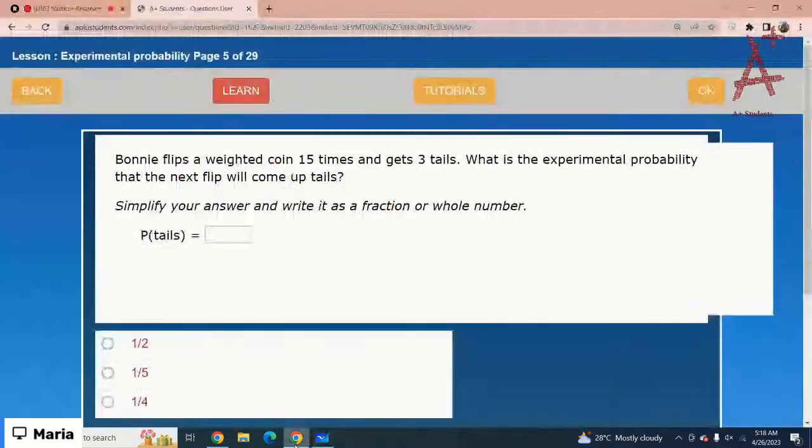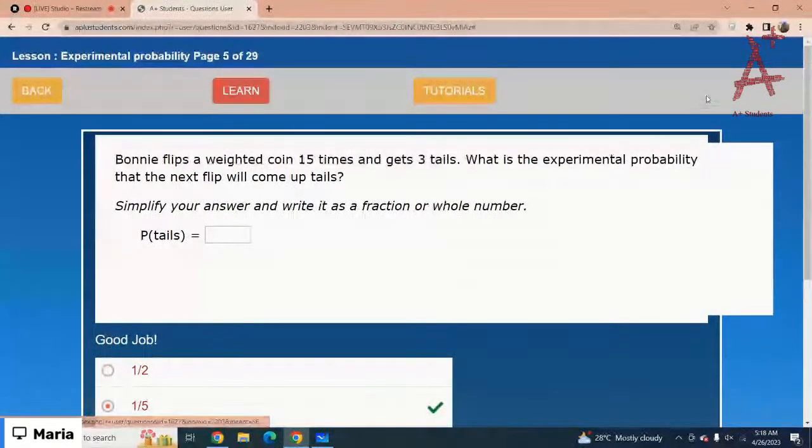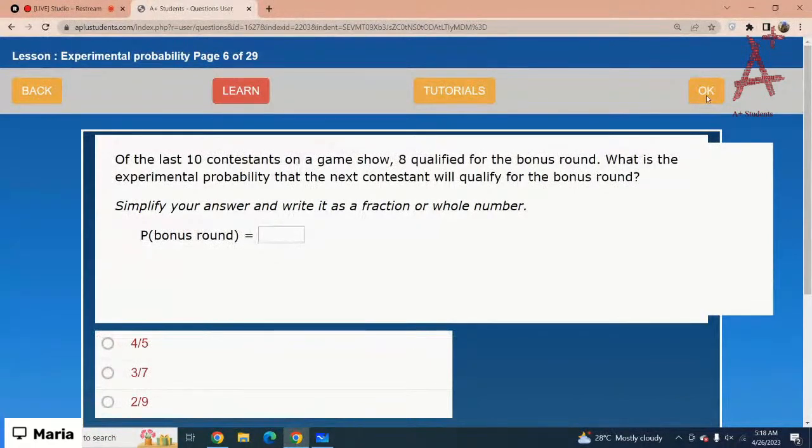Okay, the next one is: of the last 10 contestants on a game show, 8 qualified for the bonus round. What is the experimental probability that the next contestant will qualify for the bonus round?